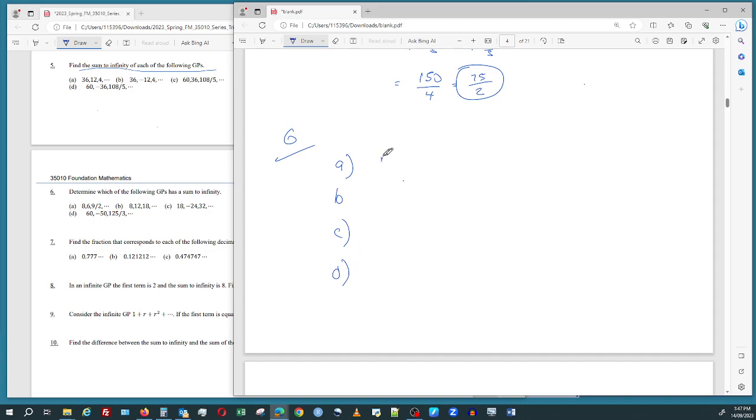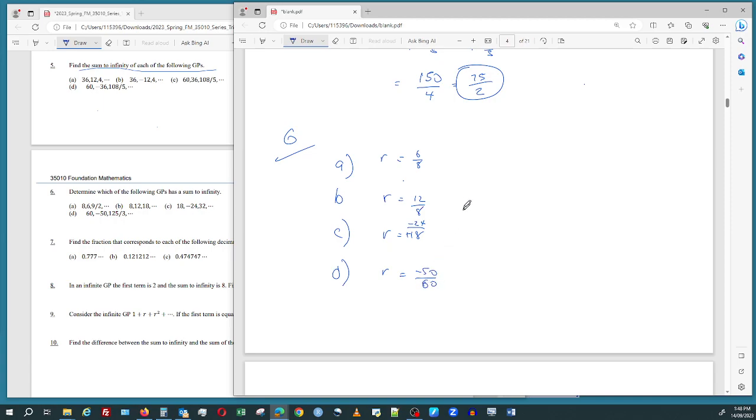So R is going to be take a value and divide it by the predecessor. So what's happening here?